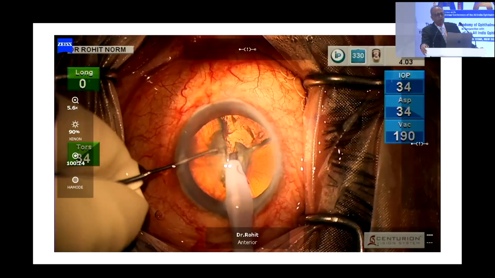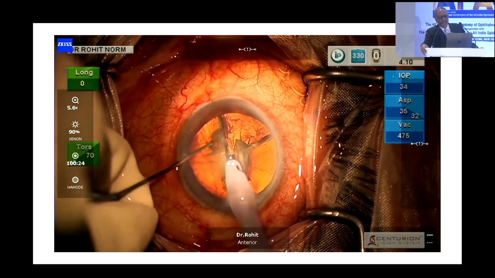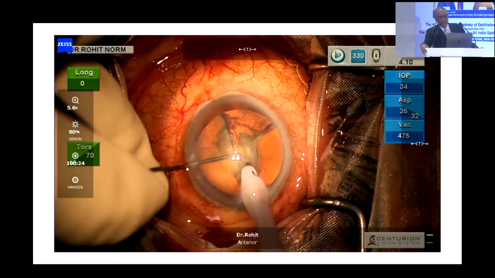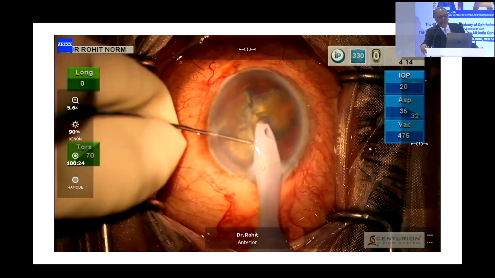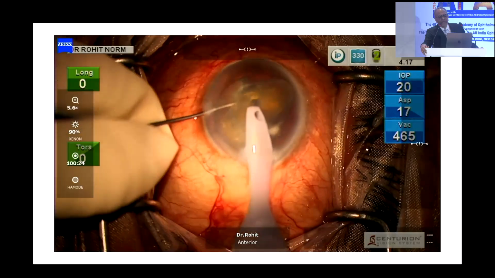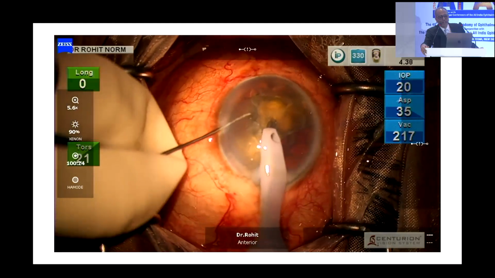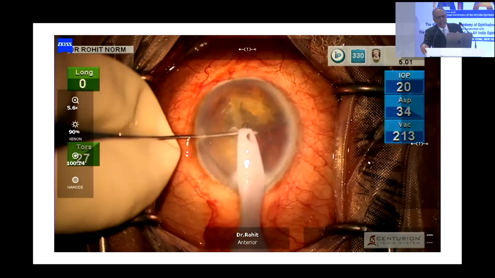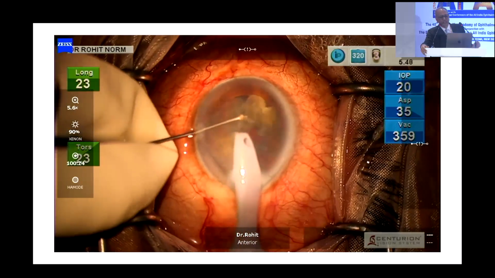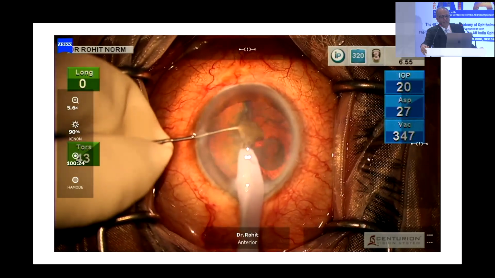Now with a small maneuver, after totally separating the nuclear fragment, I'm doing the back flip, pulled it up, and I was able to emulsify half of the nuclear fragment. So that's done. Back flip, whatever you want to call it, you can do it, and that completes half of nuclear emulsification.